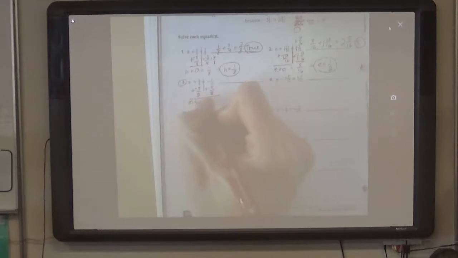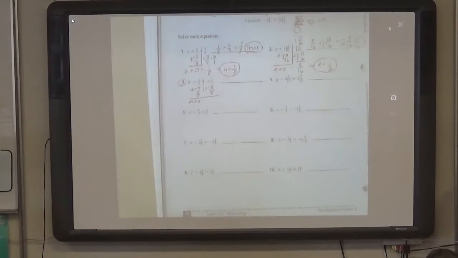So M plus 0. You've got to make sure you get M plus 0. You gotta have an equal sign.